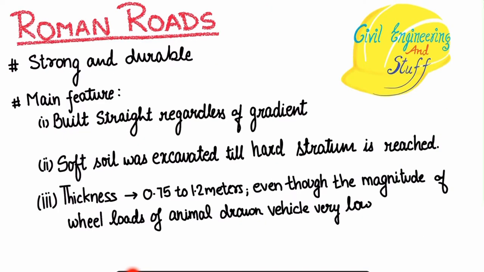As we have discussed, the Roman roads were strong and durable, and they were built straight regardless of any gradient. The soft soil was excavated until the hard stratum was reached, and the thickness varied from 0.75 to 1.2 meters. This was way too much compared to the magnitude of the wheel load drawn by the animals at that time.